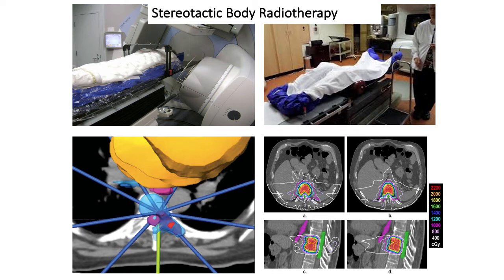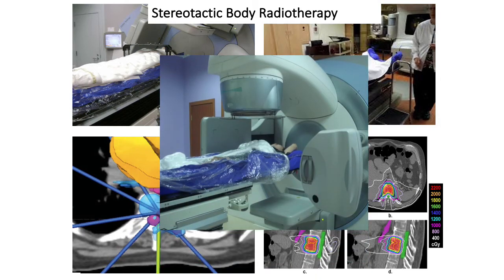Unlike the conventional radiation, which is usually given in 20 to 35 fractions, SBRT can be completed in no more than 10 fractions. SBRT is given, for example, to hepatoma cases, prostate cancers, and also for partial irradiation of the corpus vertebrae in bone metastasis cases.